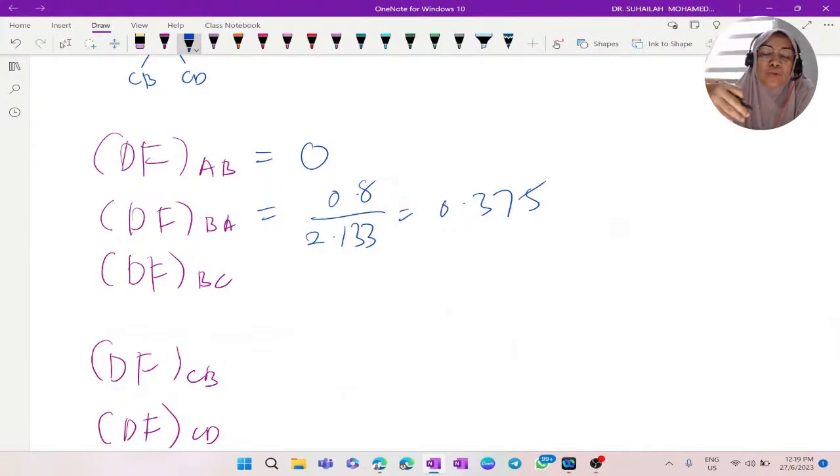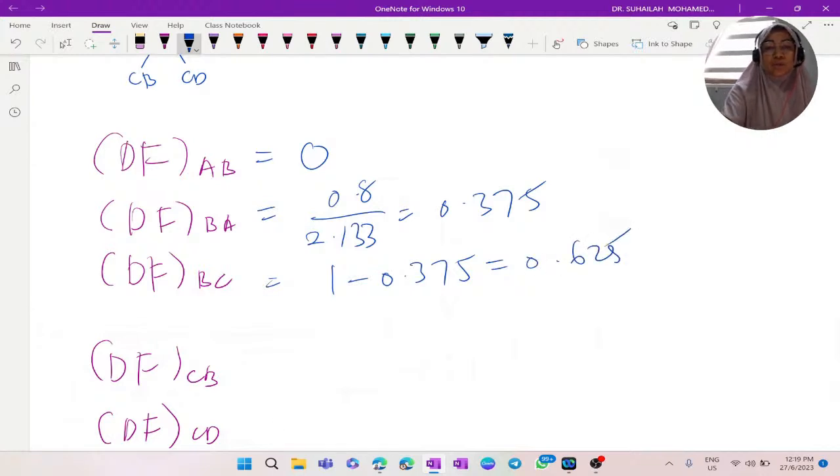So once we get BA, we get BC easily because it is just 1 minus 0.375, or we can also calculate using KBC divided by KB. We get 0.625. So the total of these two is equivalent to 1.